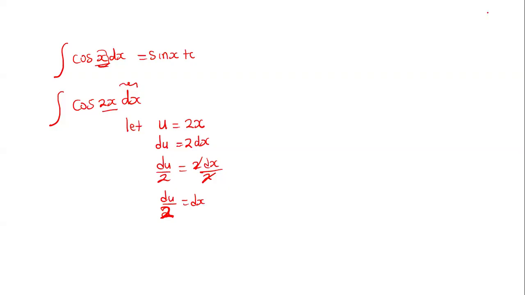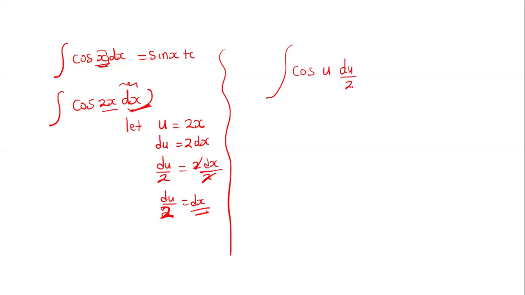Now what I do, after changing those variables, I'm going to go where there is the x, and I put the u out of 2. Where there is cos 2x, I'll put u. So I'll have now an integral of cos u, where there is 2x we put u, and where there is the x, we shall put the u out of 2.